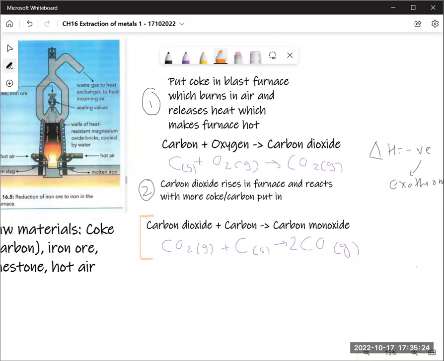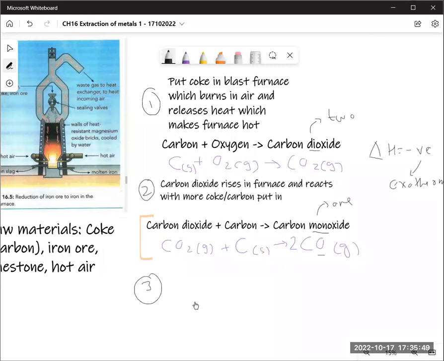Read the chemical equation. CO2 gas plus C will give us 2CO, which is gas. So CO means carbon monoxide. Mono means 1, so we have 1 oxygen here, so we say monoxide. Di means 2, that's why we have CO2, so dioxide.